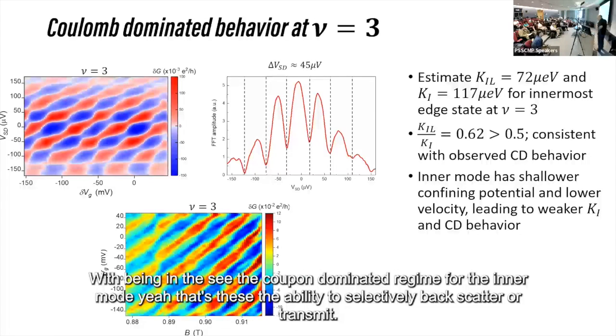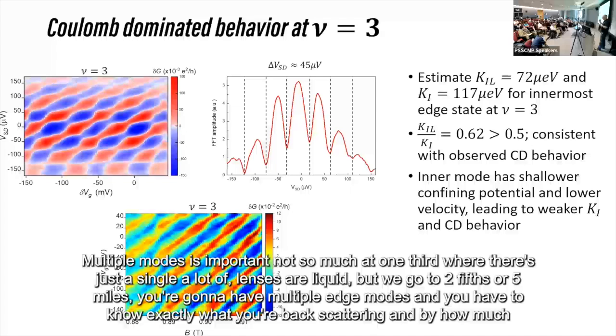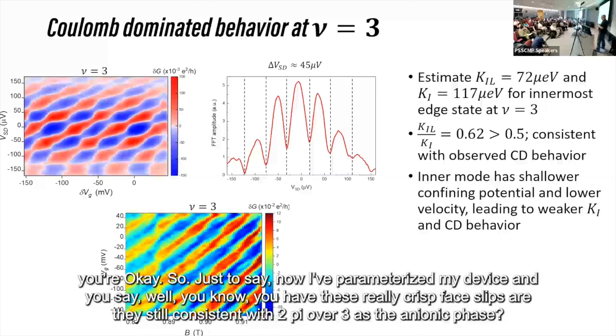Okay, the ability to selectively backscatter or transmit multiple modes is important, not so much at 1/3 where there's just a single mode, a chiral Luttinger liquid, but when we go to 2/5 or 5/2, you're going to have multiple edge modes, and you have to know exactly what you're backscattering and by how much you're backscattering it.